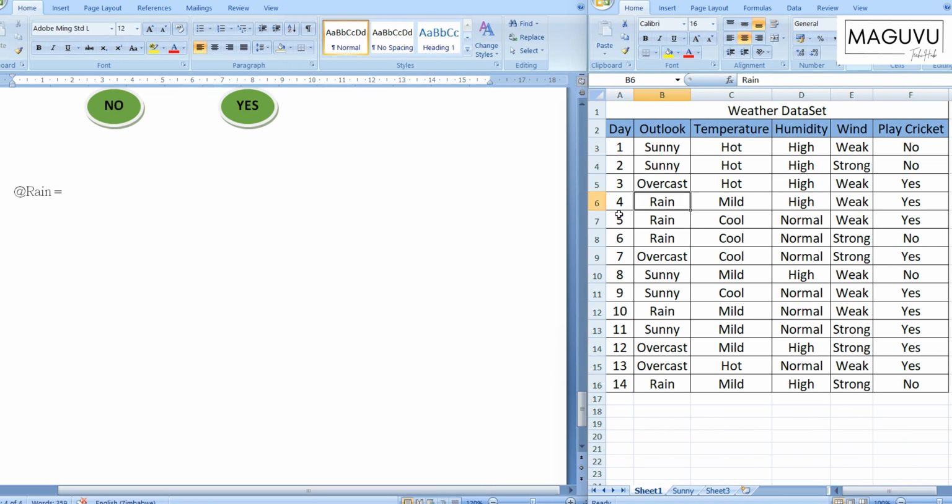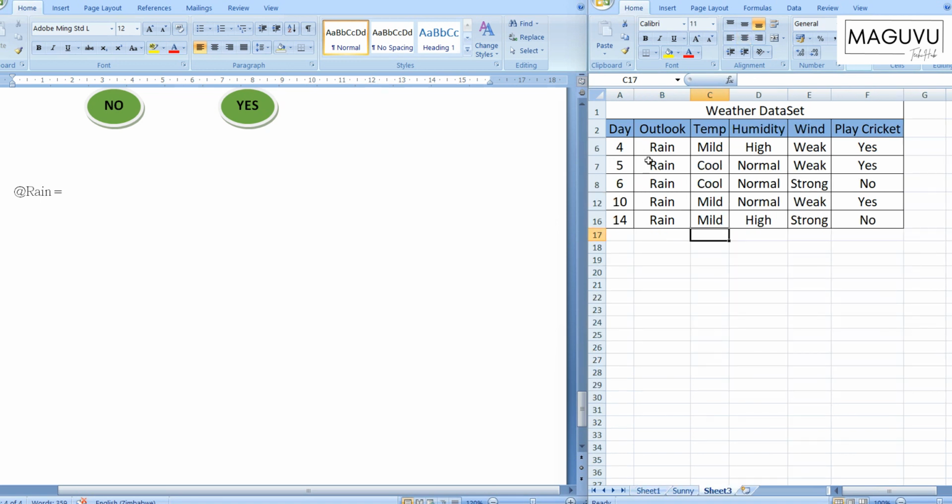We have day 4, day 5, day 6, day 10, and day 14. So we select those days and represent them.